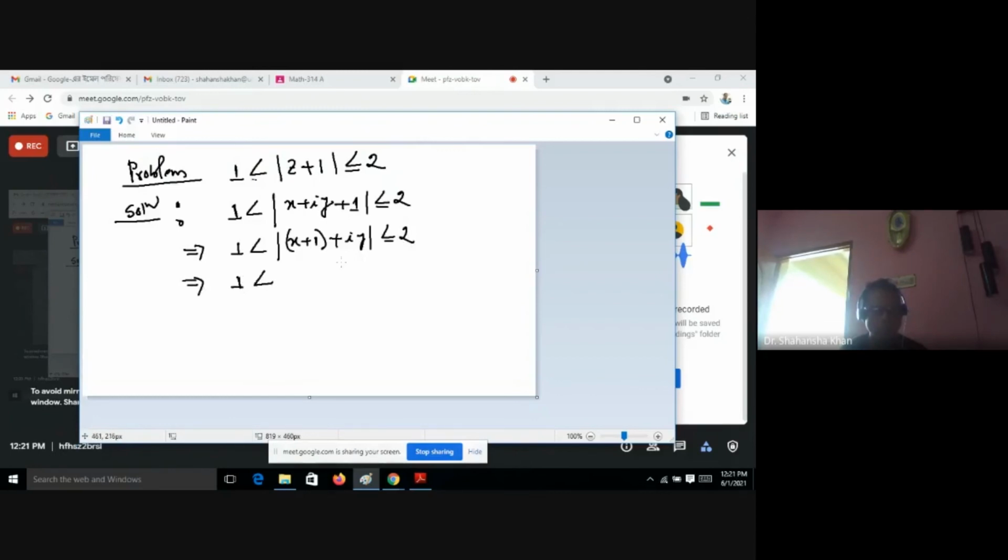This is the modulus function, so we can write: x plus 1 whole square plus y square, under a square root, equal to 2.